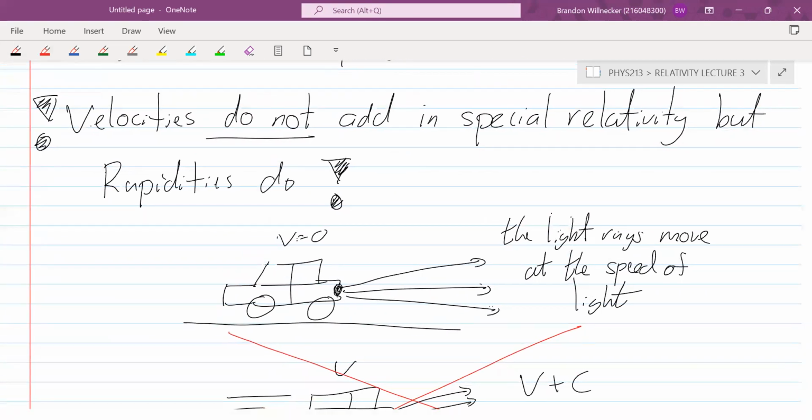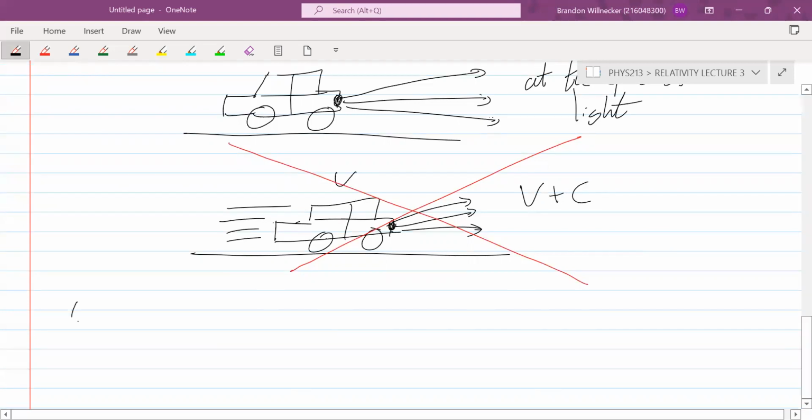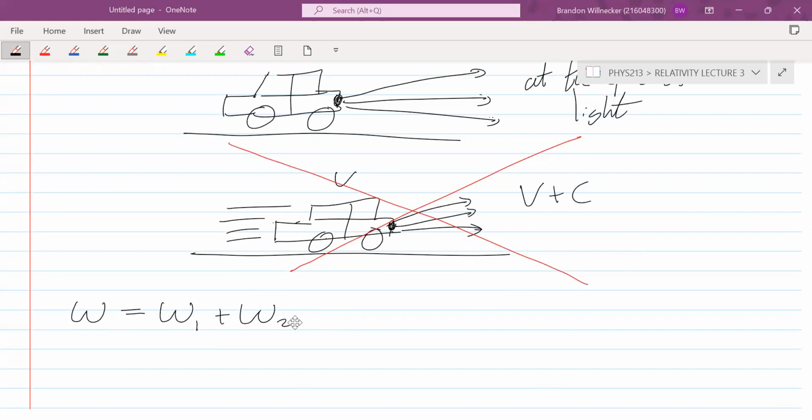So when I say rapidities add, I mean that if we have one rapidity and another rapidity, for example, your car moving has one rapidity, light has another, we can then simply add them. So the final rapidity is equal to omega-1 plus omega-2, where omega-1 is the rapidity of the car.